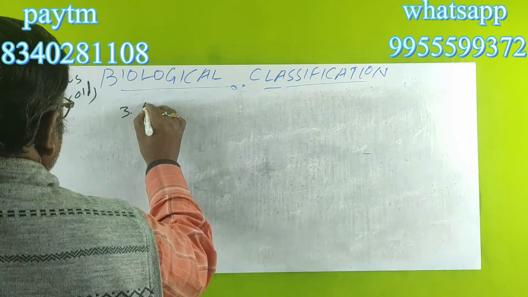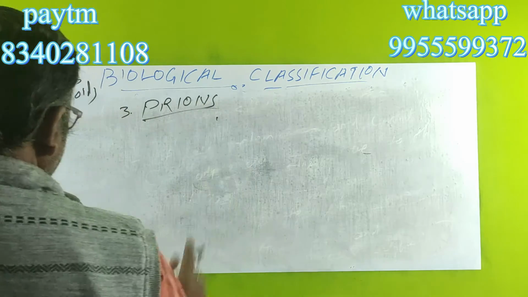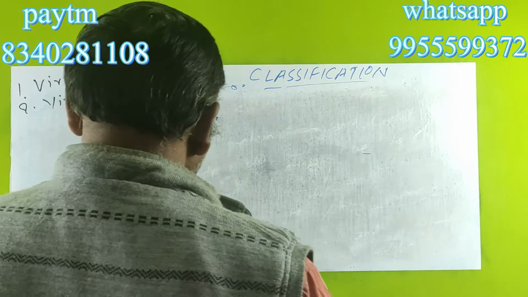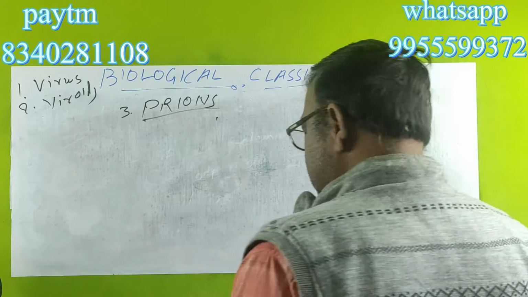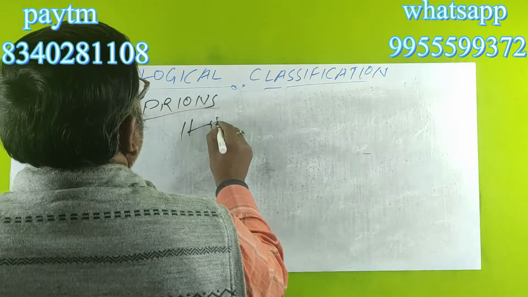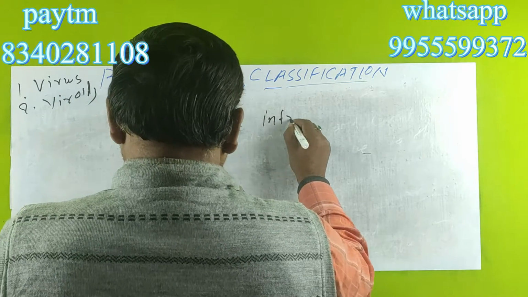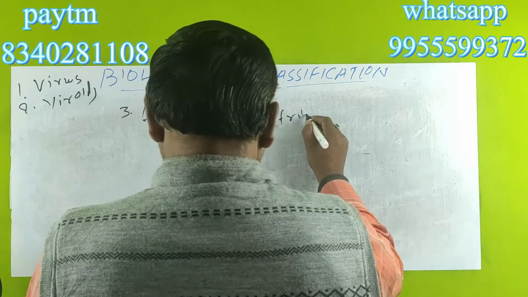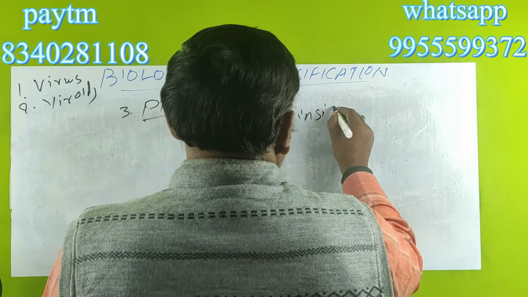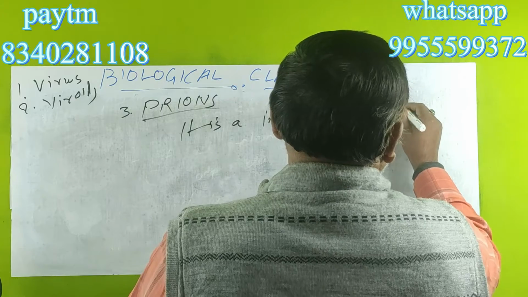Third is prions. So what is prions? It is an intrinsically disordered protein.